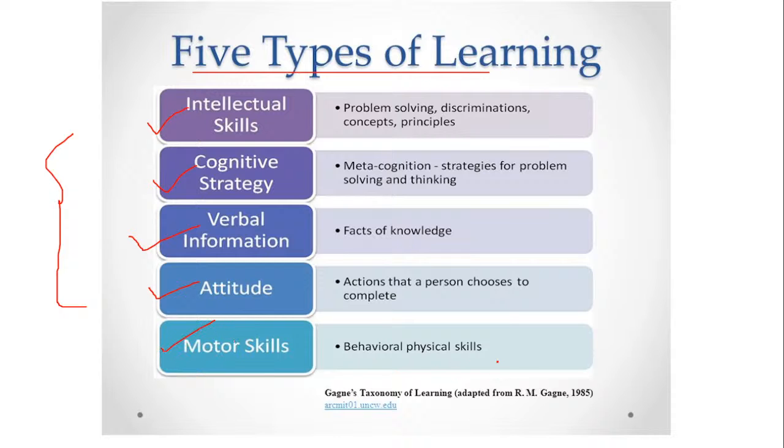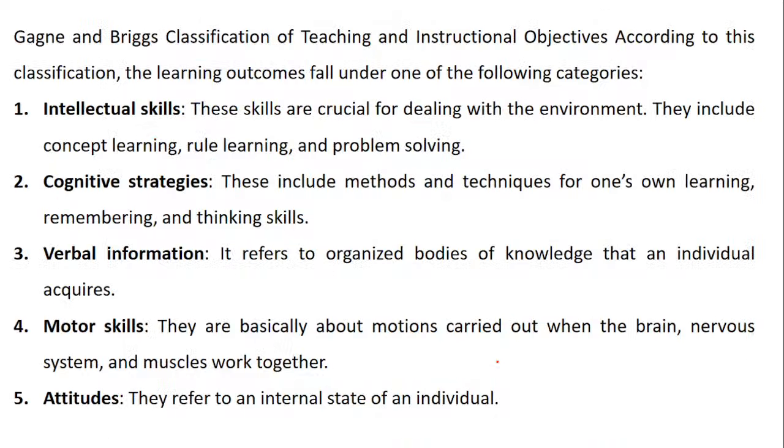I'll come back to this particular diagram. First I'll explain the concept, and then I'll come back to the diagram, because the diagram is a mapping. So first we'll understand the concept very well, and then we will come to the diagrammatic presentation.